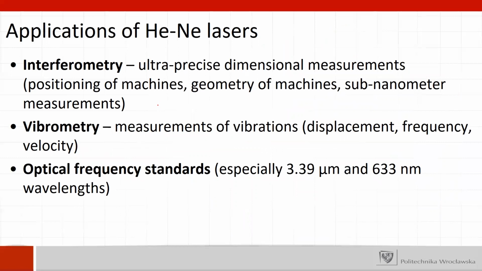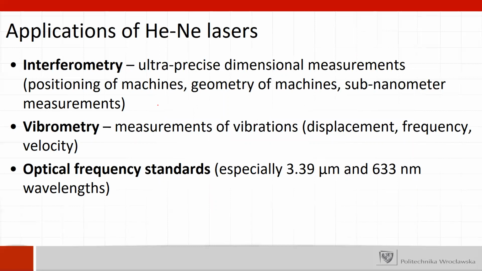The applications of helium neon lasers are a consequence of the parameters of the radiation generated by this laser. We have a very stable and narrow line width, and by having that, we have a very long coherence length.